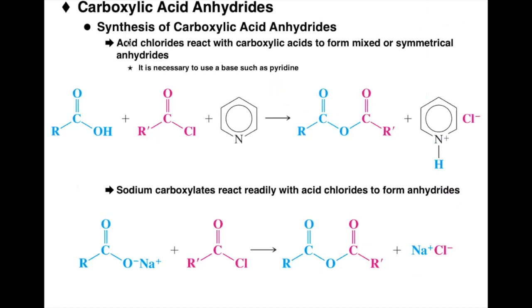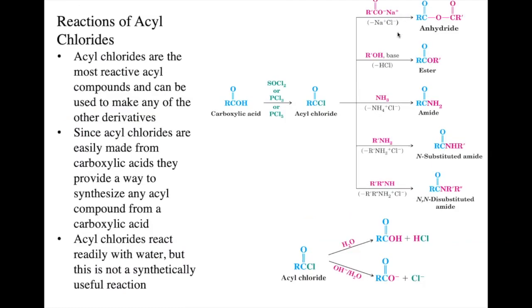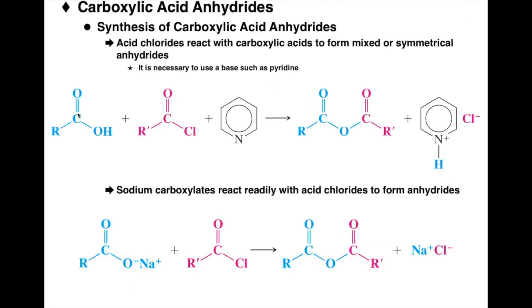Okay, next, synthesis of carboxylic acid anhydrides. So we can react again your acyl chloride with carboxylic acid. Ayan, dito. So pwede carboxylic acid, pwede ring carboxylates, no, forming anhydrides.